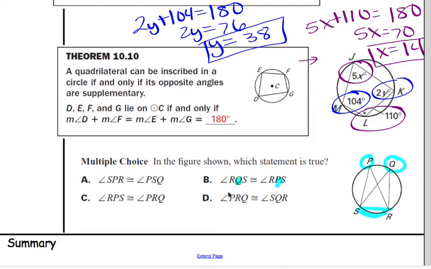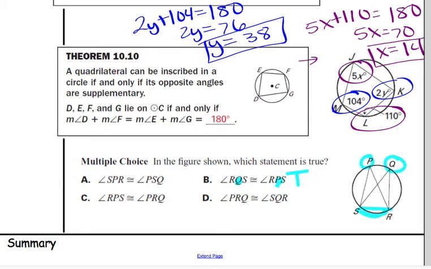And so let's see, do they name them right? RQS, R to Q to S, and then RPS. So they did name them right. So this one is true based on those two angles.